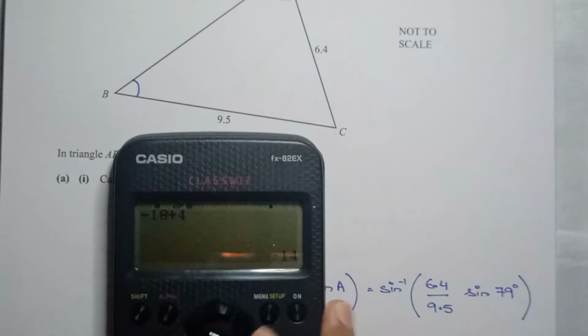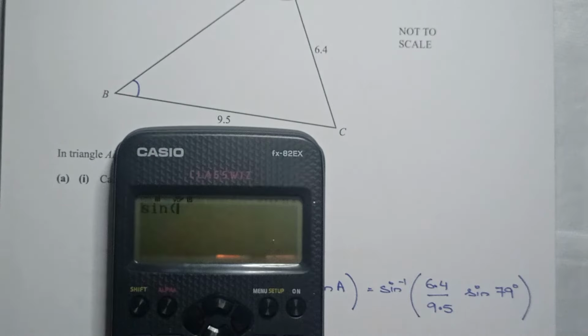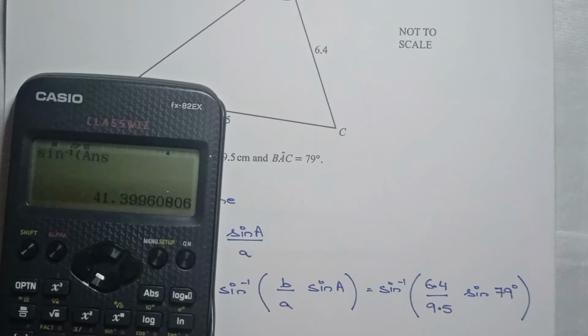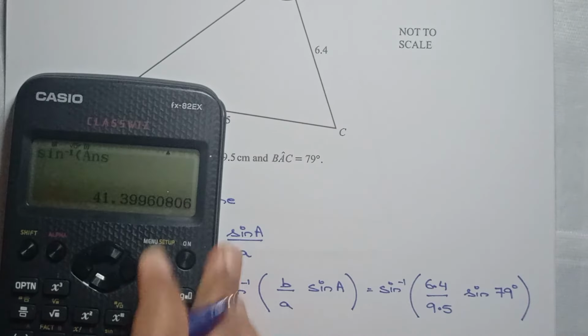Let me find sine 79 times 6.4 divided by 9.5, then take the sine inverse. This would be 41.39 degrees, so 41.4 degrees we can say.